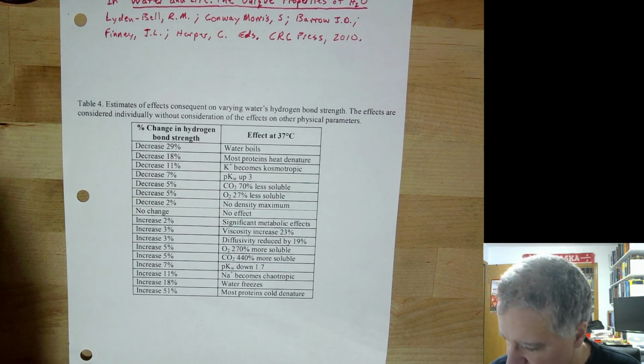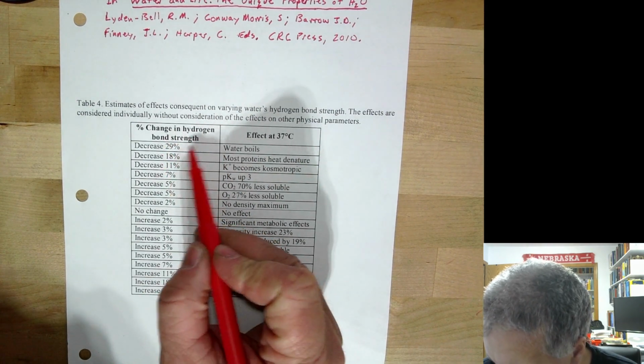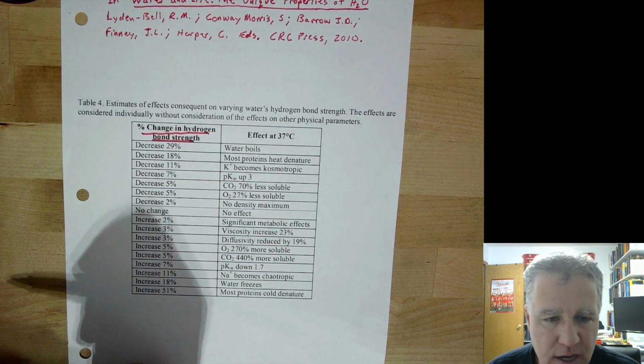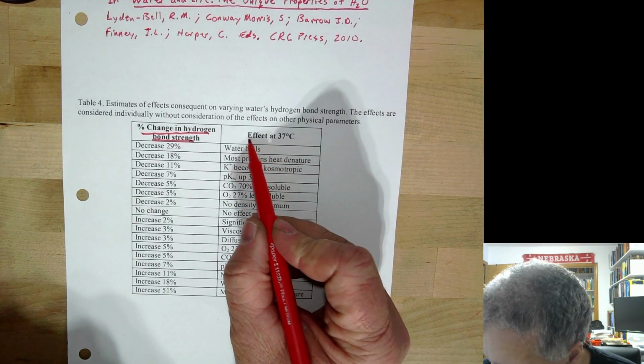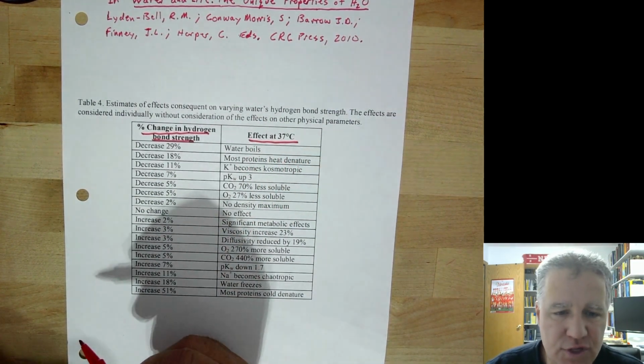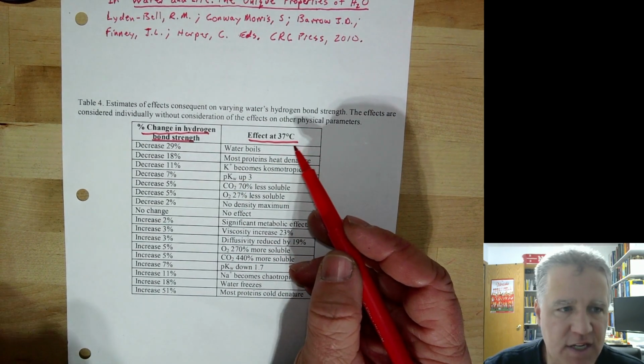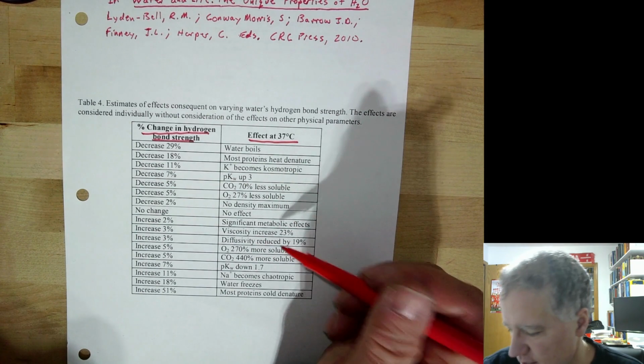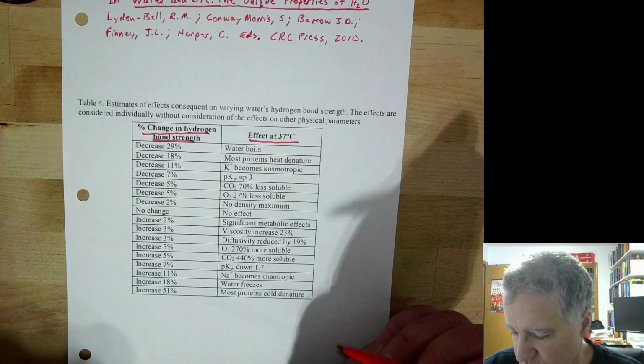What we see here is the percent change from the current hydrogen bond case, and what happens if we were in a solution at 37 degrees. 37 degrees is typical body temperature, and so a lot of biological processes are what are being looked at.